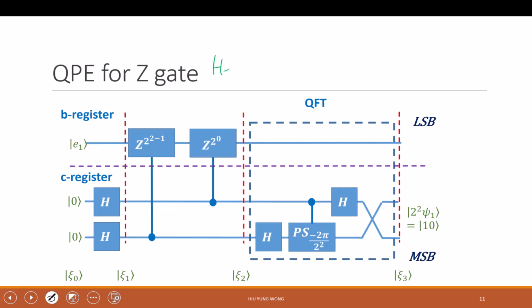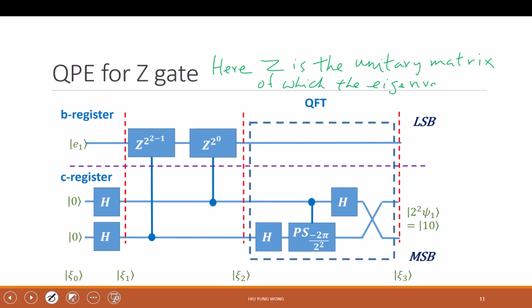So here, Z is the unitary matrix of which the eigenvalue phase is to be found.